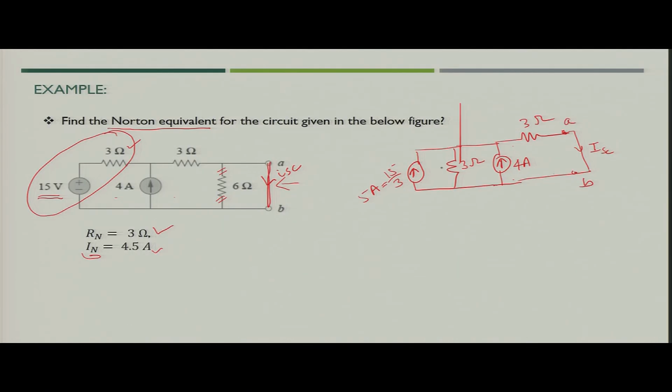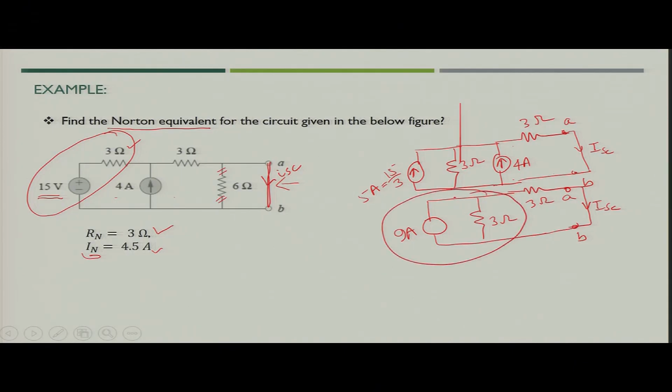Now, if you see these two current sources are in parallel. So, updated current source you can add both of them and it will become 9 ampere. Then you will have another resistance 3 ohm in parallel, 3 ohm resistance in series and then you have short circuited the terminal A B. Now, you can again transform the circuit back into voltage and one resistance in series.